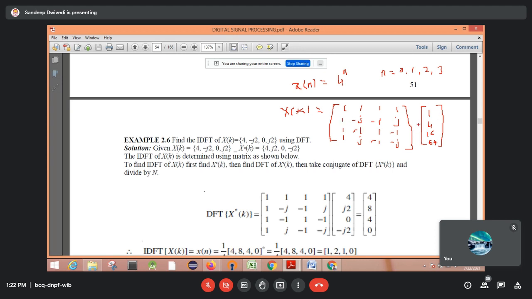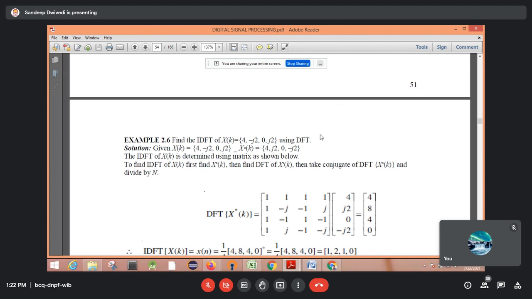Then for the second row, apply it on this column, multiply and add all the products, and you will get the second value. Then for the third value, the third row, and for the fourth value, the fourth row. Is there any doubt in this? No, sir. Okay.